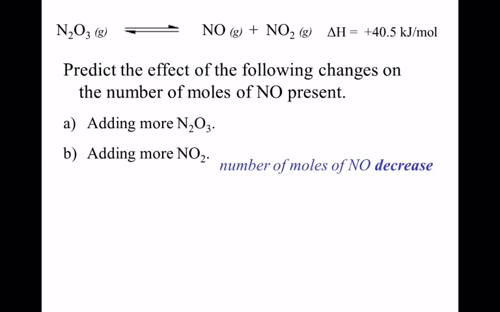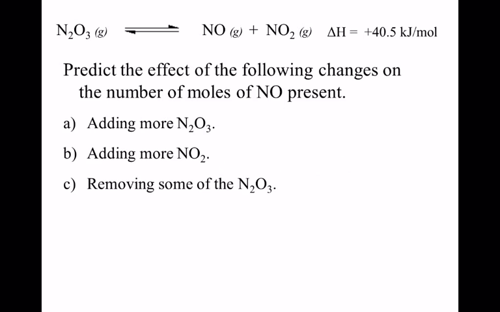Okay, what if we remove some of the N2O3? What's going to happen to the NO? How many people think it will go up? How many people think it will go down? Why do you think it will go down?